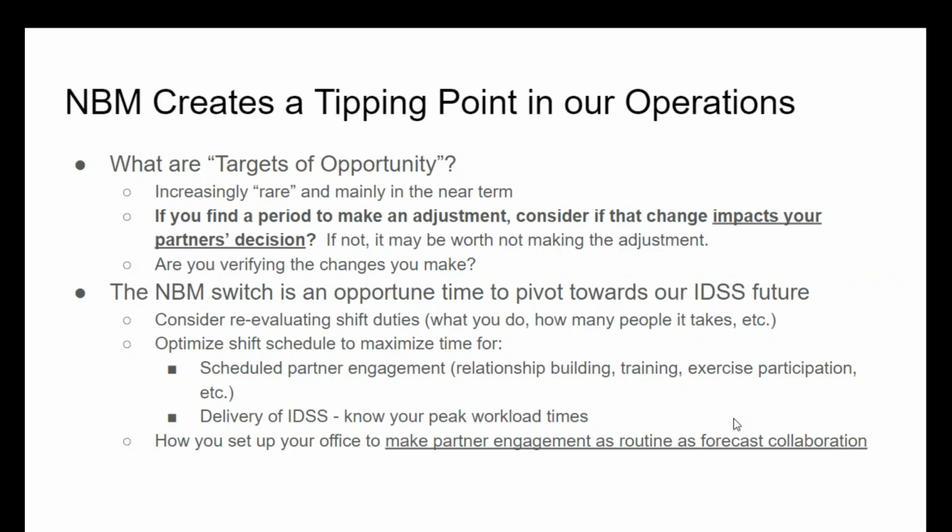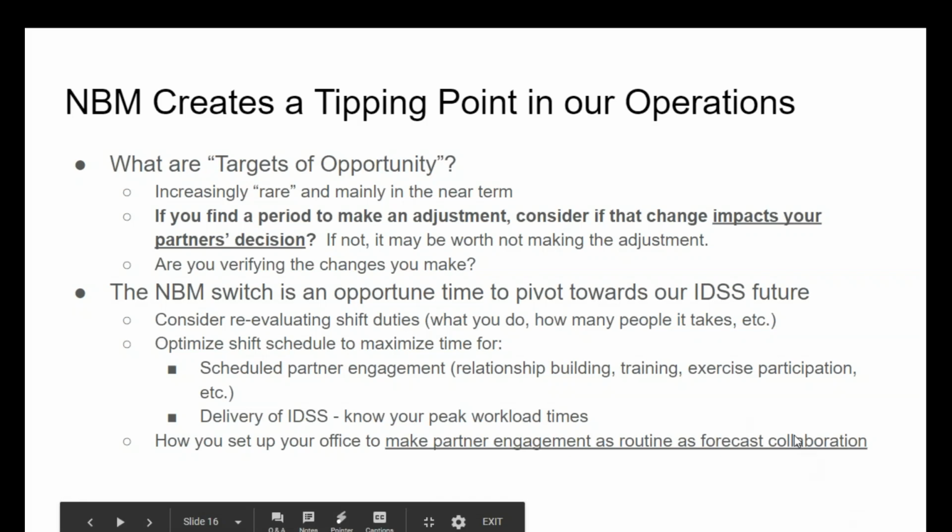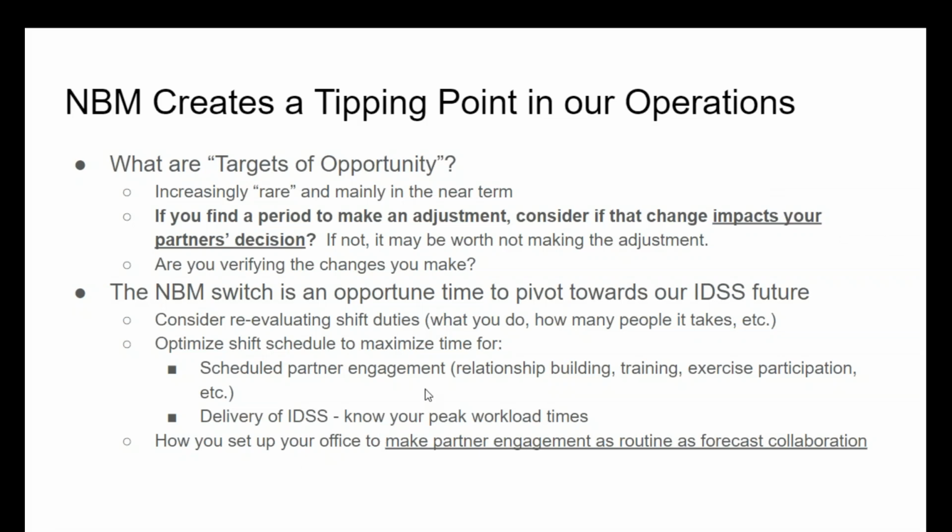Thanks, Andy. As we continue to talk about the NBM and this transition, this evolution that we're making in our forecast process, it actually creates a tipping point in our overall operations as well. We certainly are not operating the same way that we used to just 5, 10 plus years ago. So as we make this next step in how we're including blends into the forecast process, you've heard within the last few years the concept of targets of opportunity.